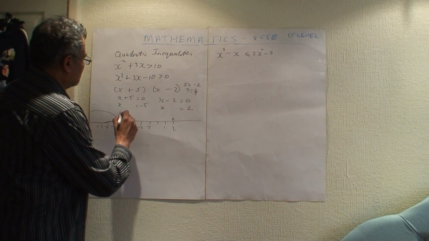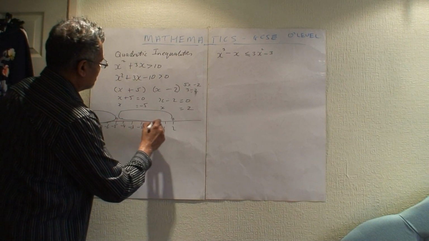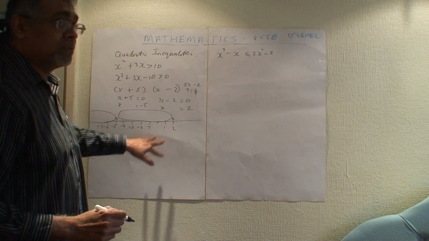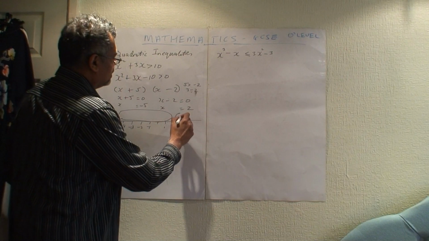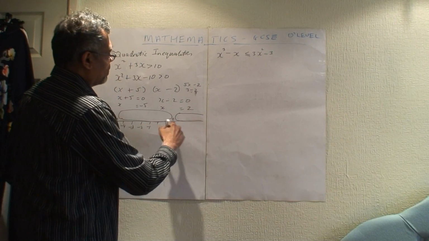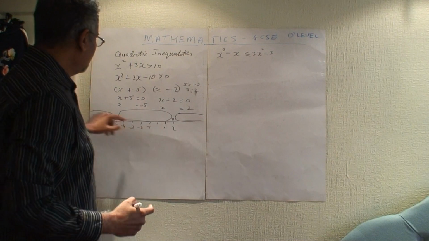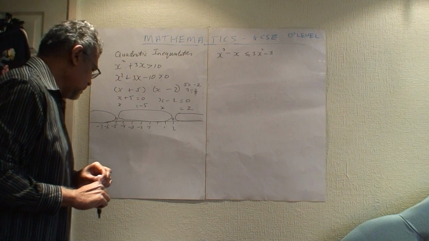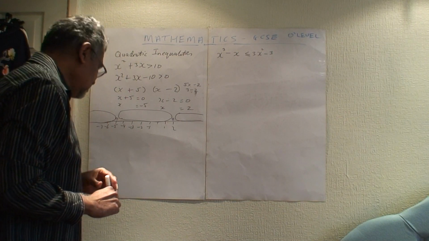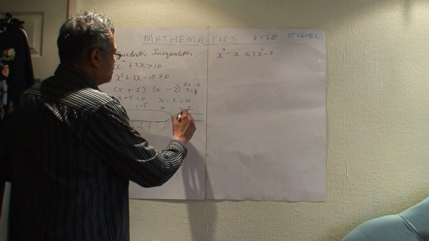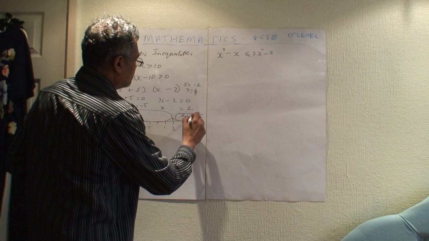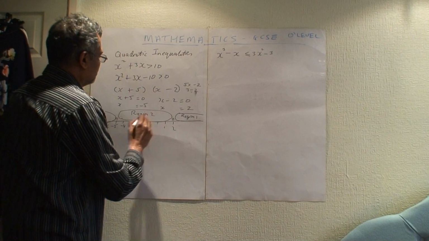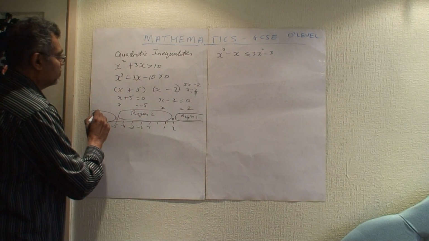The second region is here, and this one is a region here going to infinity. We can give the regions names. This is region 1, this is region 2, and this here is region 3.